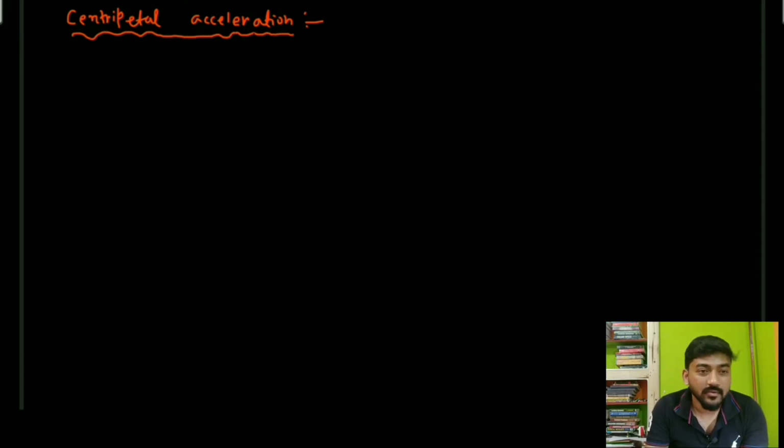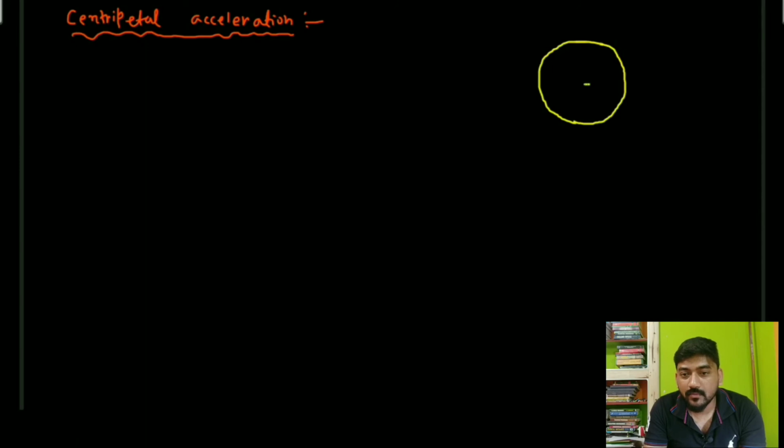Now let me find how you can get it. So again let me take the circle like this, and I have to take 2 points. Initially suppose that the particle is at this point, and after some later time the particle will be at that point.